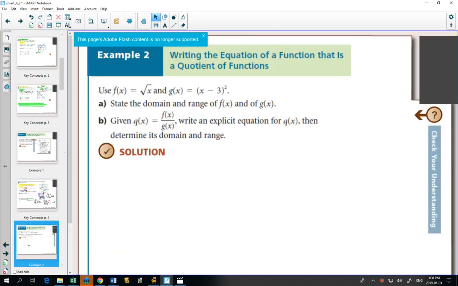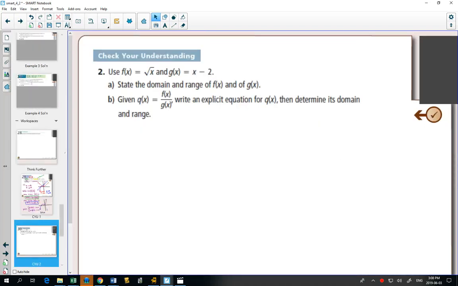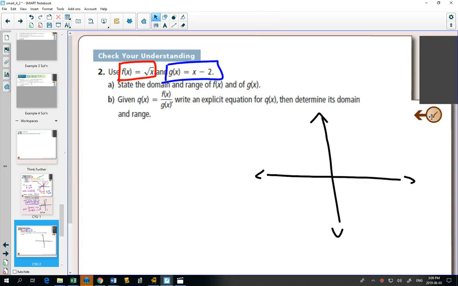So when we go to example 2 now, we've got f of x is the square root of x, g of x is x minus 2. Once again, I will color code these, f of x in red, g of x in blue. Do a quick graph off to the side. The square root of x: 0, 0, 1, 1, 4, 2.